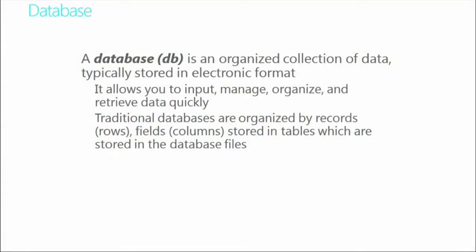A database, you might just see it as a DB, is an organized collection of data, and it's typically stored in electronic format. It's really not much different than what we've done in the past, but we had a different way to do it. It allows us to manage content, organize or categorize it, and more importantly, allows us to retrieve that content fairly quickly. Traditional databases are stored in rows or records, and then we have columns or attributes or properties.